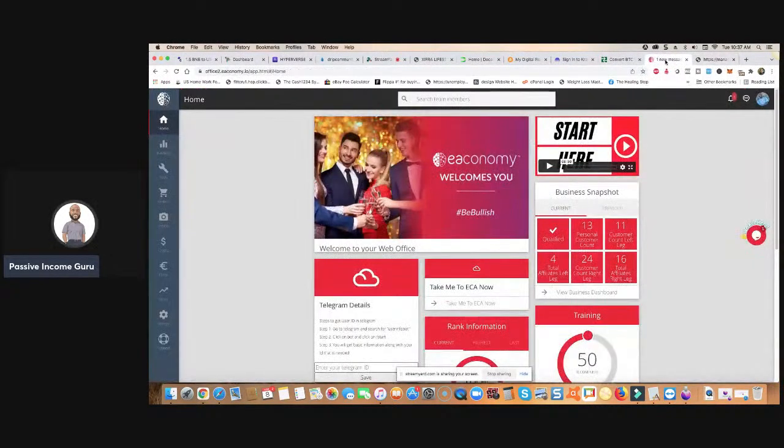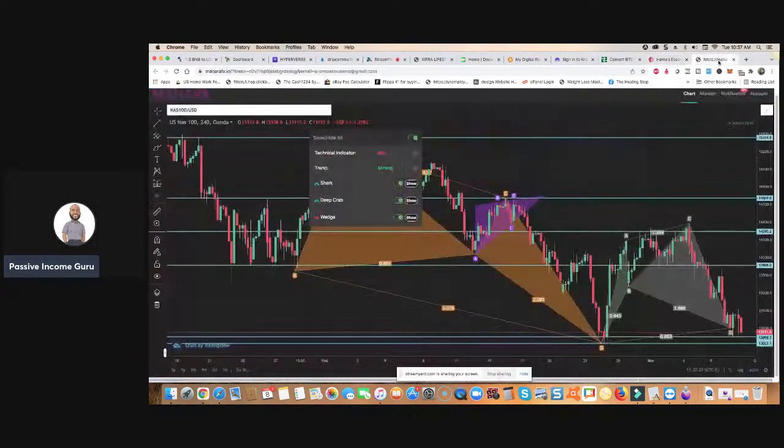Start with a demo account. Don't use your real money at first. Start with a demo. Be consistent. A lot of people think you have to look at the charts all day in Forex. That's not true. You can be in and out of the markets in less than 15 to 30 minutes, especially when you're trading indices like NAS.